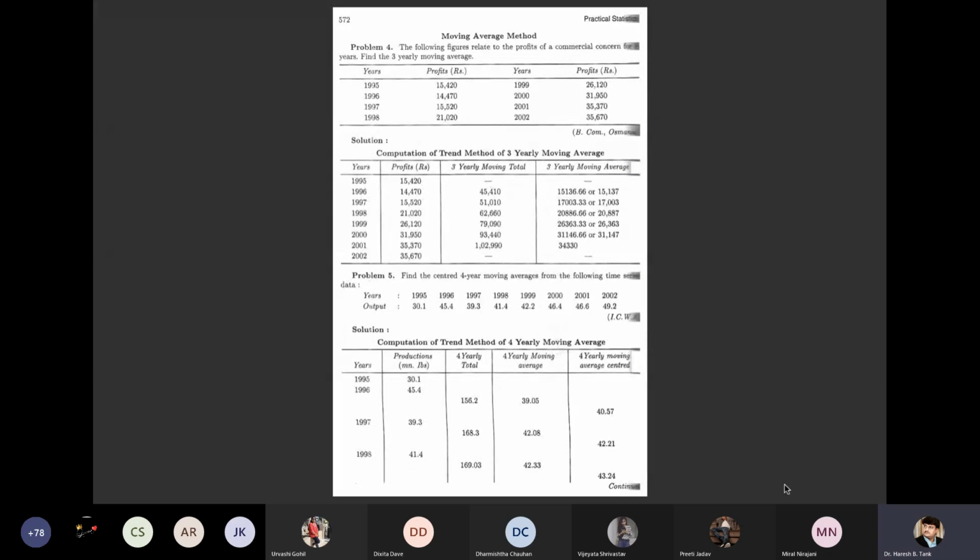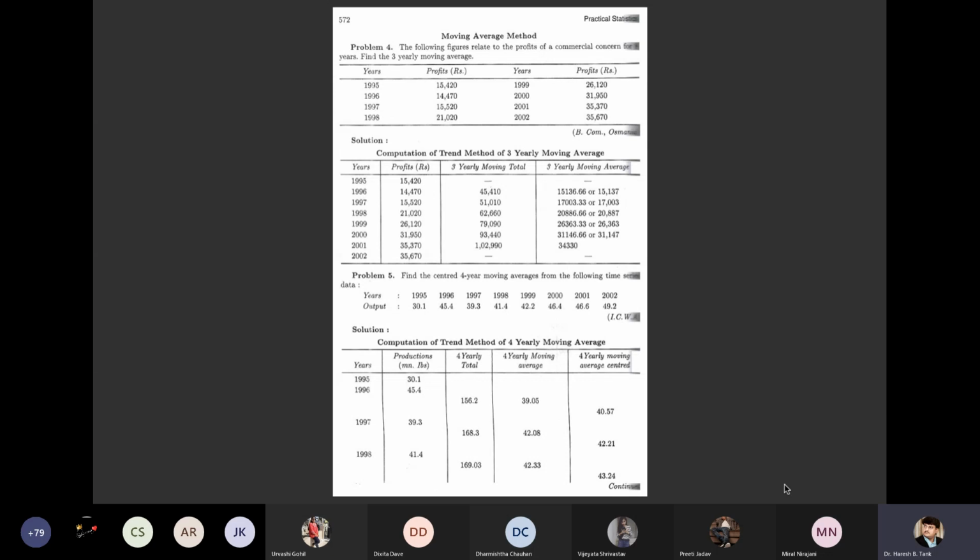Now make another column and title it 3-yearly moving average. The first entity is dash, so dash will remain there. The next entity against 1996 is 45,410, which is a sum of three entities. To get an average, it is to be divided by 3. So 45,410 divided by 3 comes to 15,136.66, and if you round it off, it comes to 15,137.